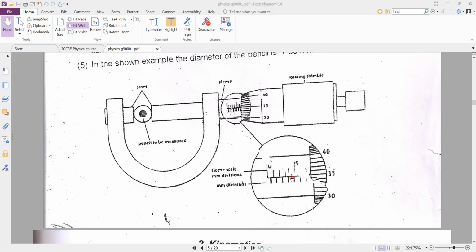This is what we call the parts of millimeter. This is the main scale, and this is the part scale, and we need to add them. Starting from 0 to I think 45.